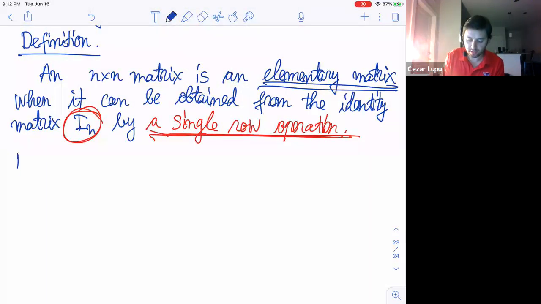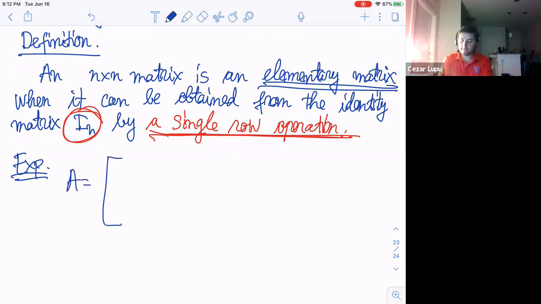Before I go into this, let me ask you some examples. What do you think about the following examples? Let me take this matrix A to B. A is 1, 0, 0, 0, 3, 0, 0, 0, 1.